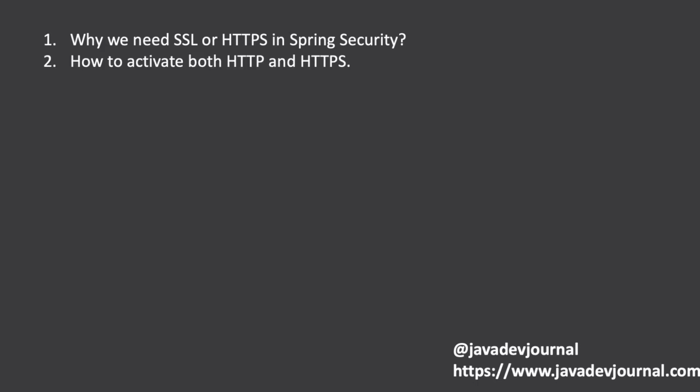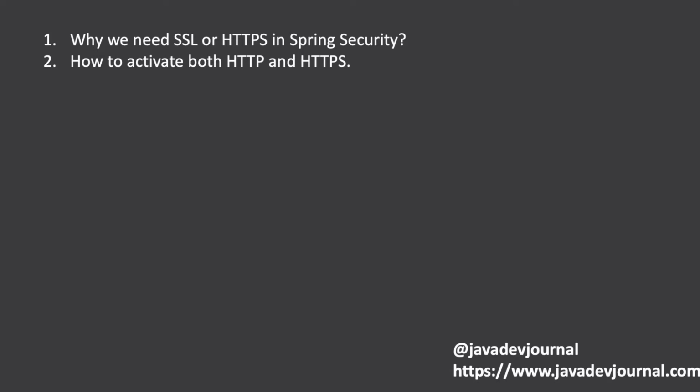And then in Spring Security, how should I activate HTTP and HTTPS? What I mean by that is, there are a handful of applications where they still want to keep certain pages on HTTP, and then once you get into, let's say, checkout or my account, the secure side of your application where some personal details are involved, you want that side to be HTTPS, right?